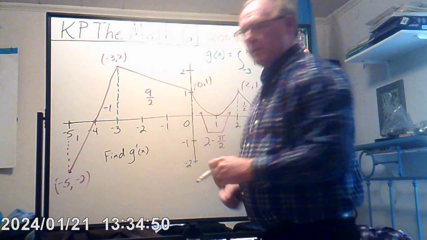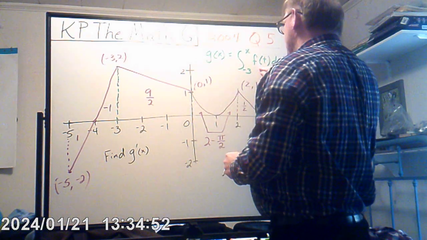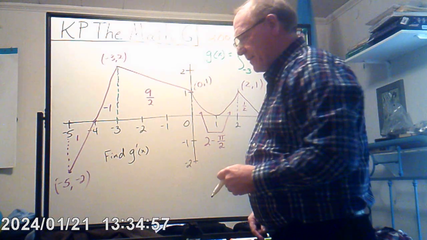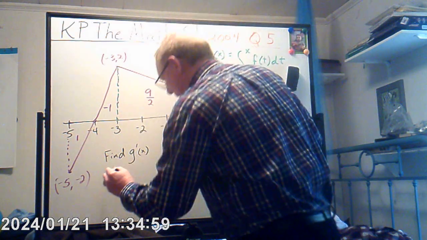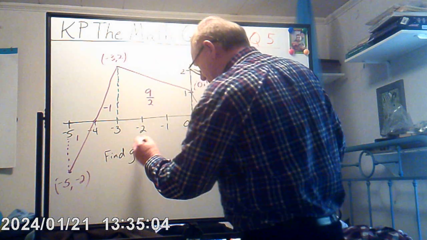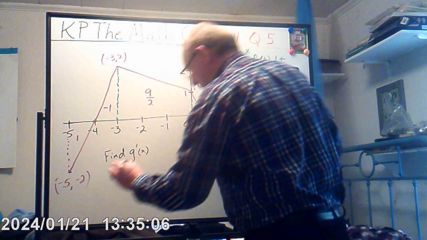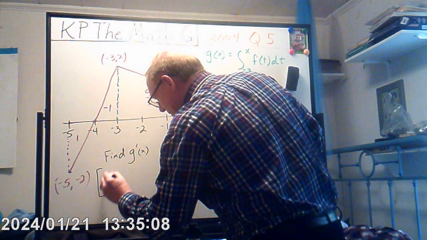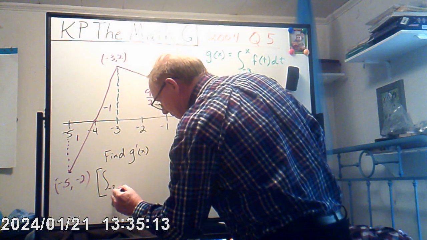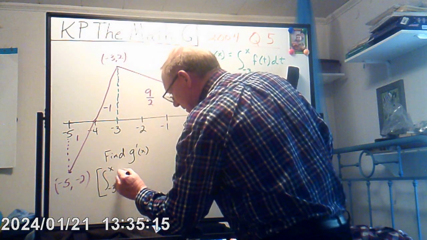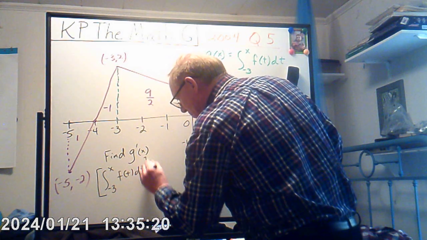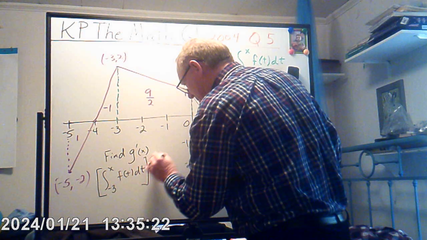Now, that is taking the derivative of this definite integral, isn't it? This means find the derivative of this: the derivative from -3 to x of f(t) dt.